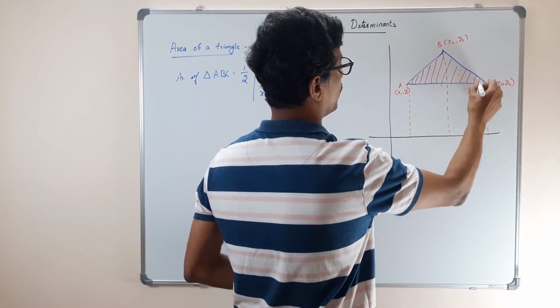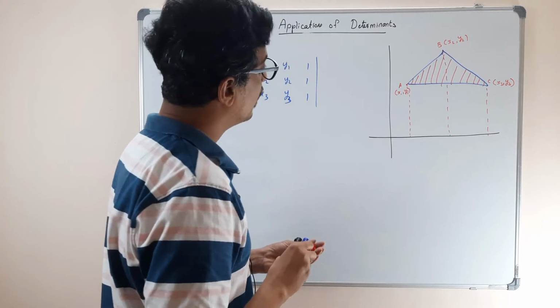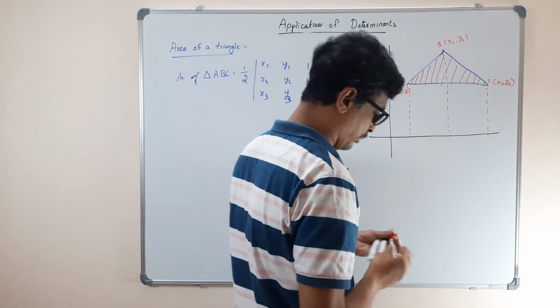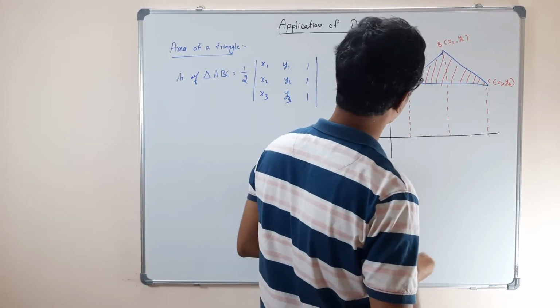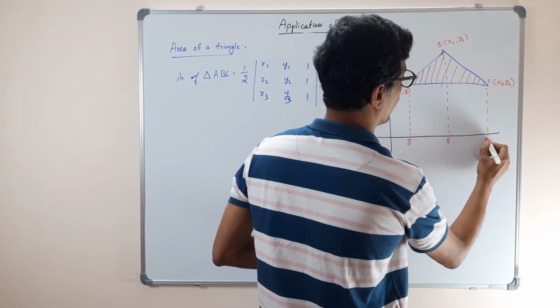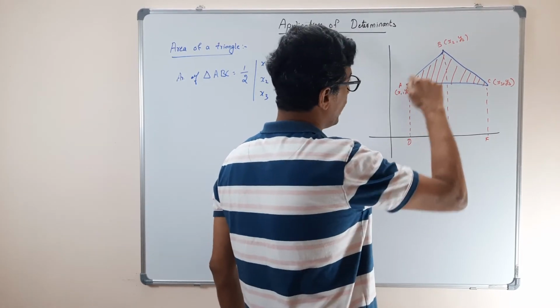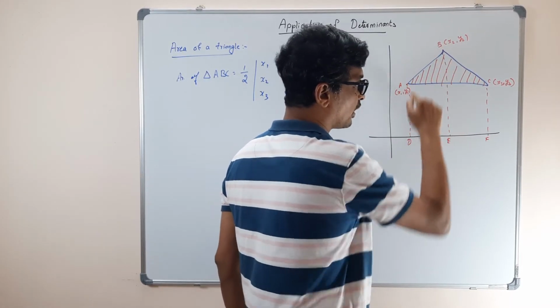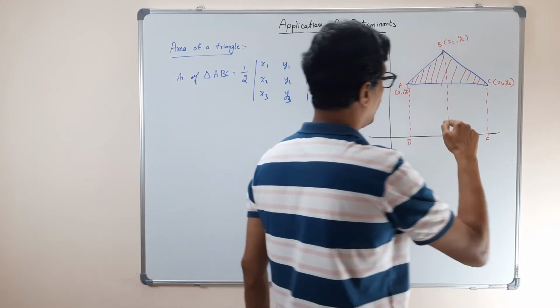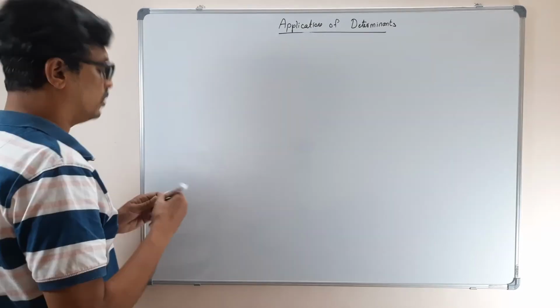So how I can do it: let me call these points A, B, C, D, E, F. Okay, so what is ABED? That's a trapezium. And BCEF, that's also a trapezium.